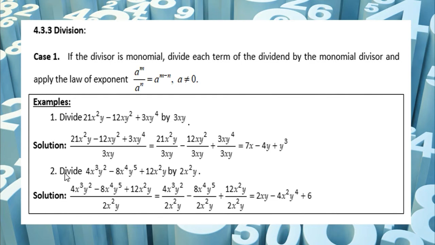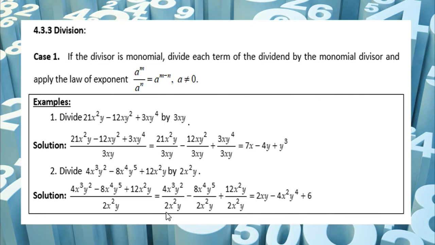Next, divide 4x cubed y squared minus 8x to the power of 4 y to the power of 5 plus 12x squared y by 2x squared y. So, we do the same process. Atong gi-divide ang mga dividend each sa atong divisor. So, gi-tagsa na to siya divide.